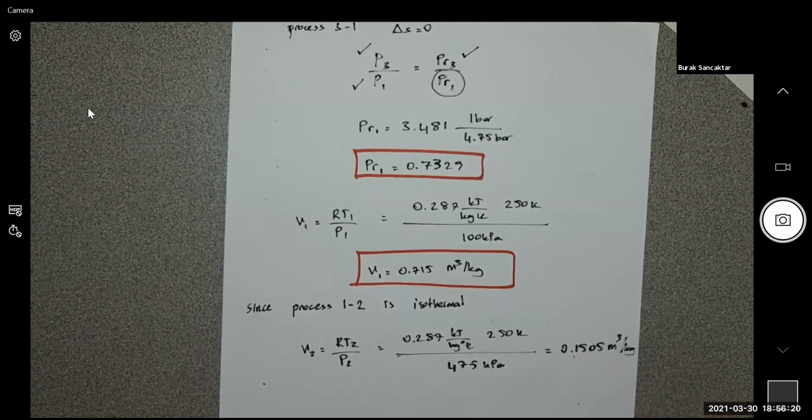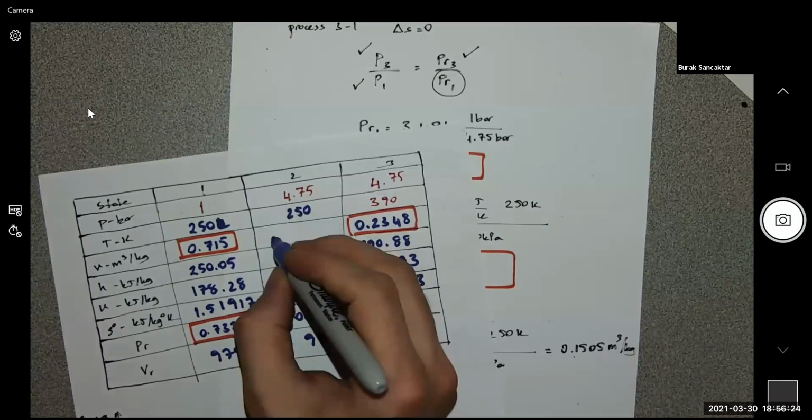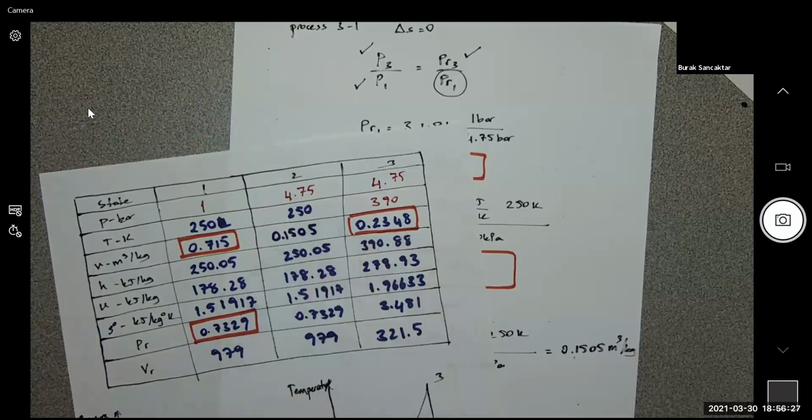Right. Now I can go back and put this in my table. 0.1505. Okay.